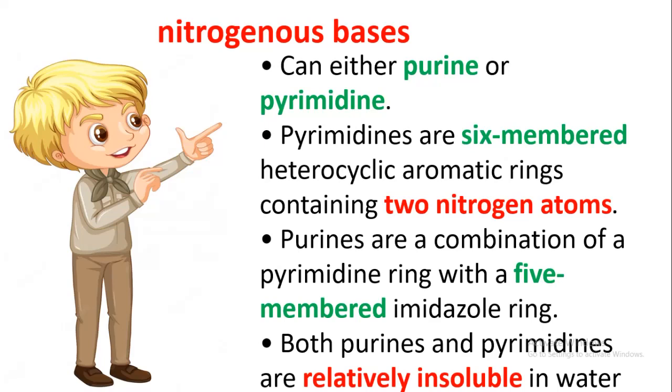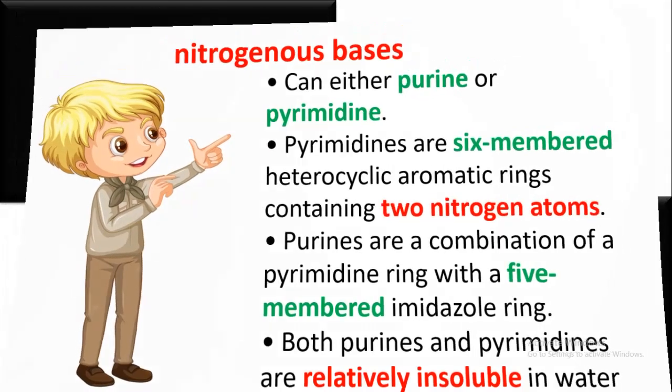Why? The answer is simple, because they normally become charged. That's the reason why, in a pH which has been increased or decreased, their solubility increases. I hope that has been understood.